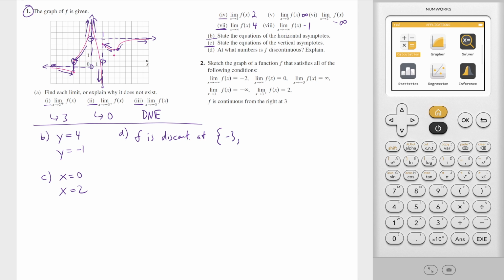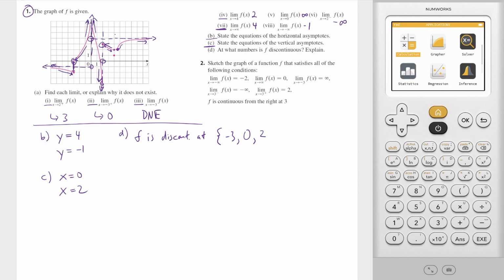Then there's another discontinuity at x equals 0, because it's going up to infinity in both directions. And there's another discontinuity at x equals 2. It's up here, and then on the other end it's going down to infinity.